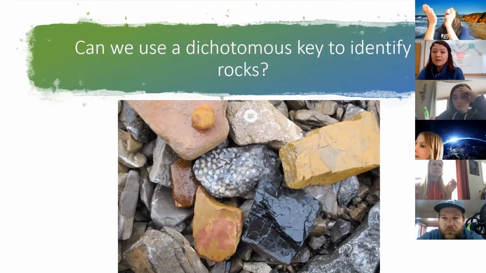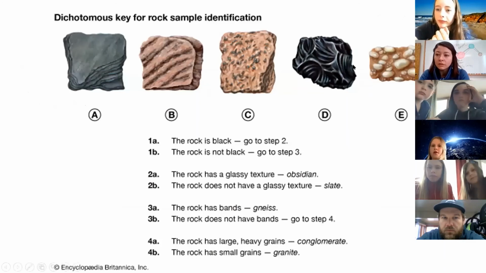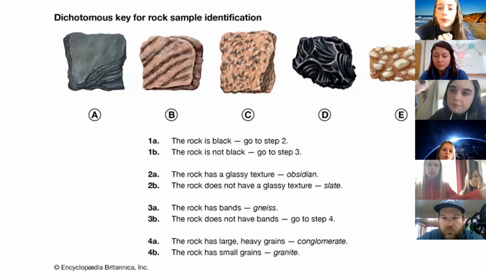So shape and size is not the best way to know rocks, but you can still use dichotomous keys to do it. This is a really easy one that you could go through, and it's still two choices, right? It just looks a little different than the ones we've been looking at.